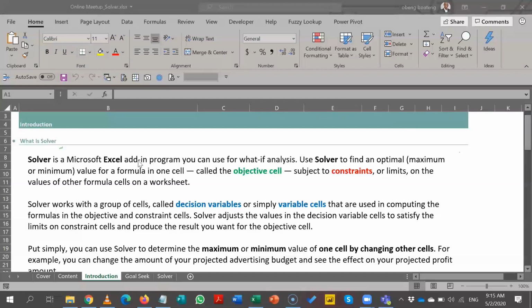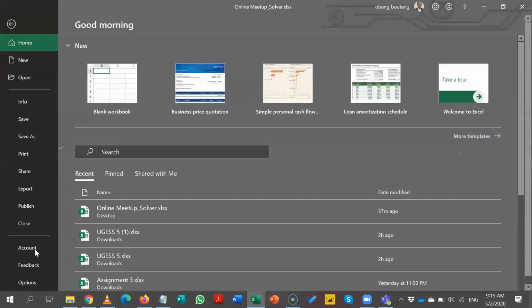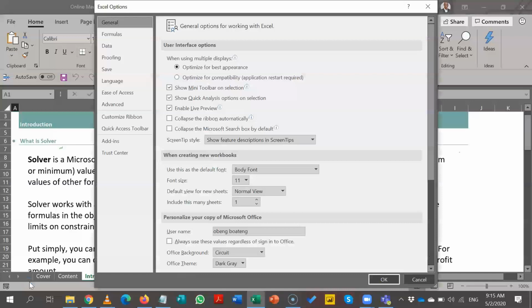In the notes, I've given you steps, but you just go to File, in any Excel file. Yes. So you go to File, you go to Options, and then you see Add-ins.